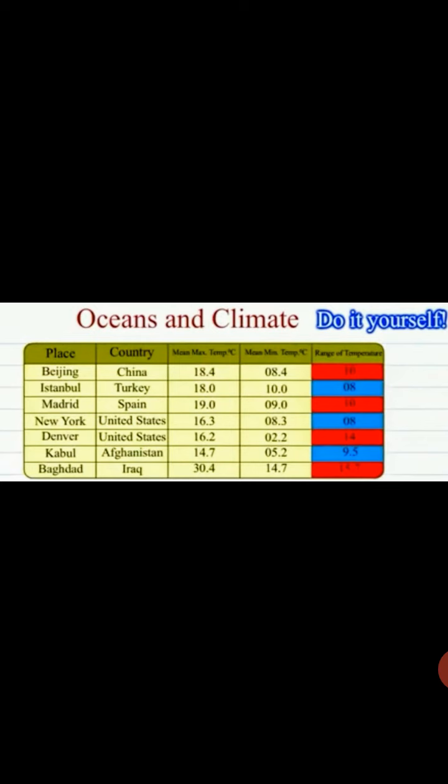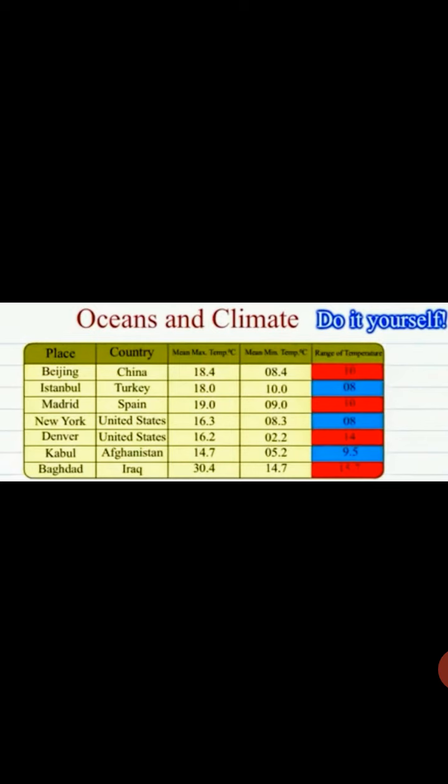Now moving to the next question: what might be the main reason leading to differences in the temperature range of different places? Answer is the nearness to the sea and continentality might be the main reason leading to differences in the temperature range of different places.